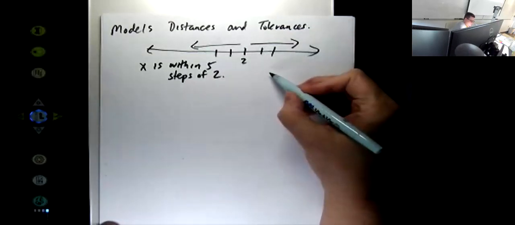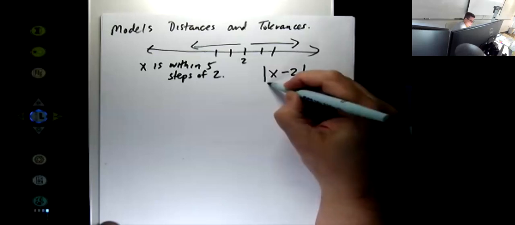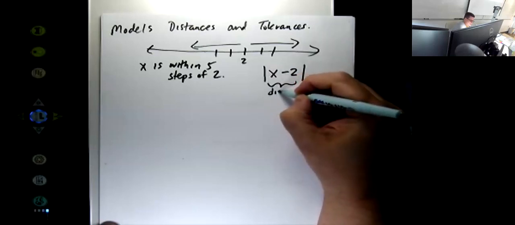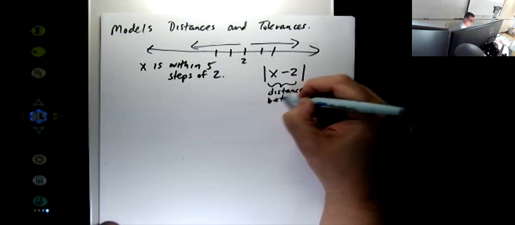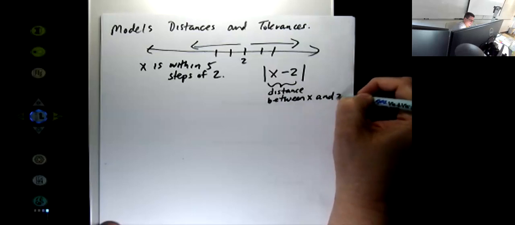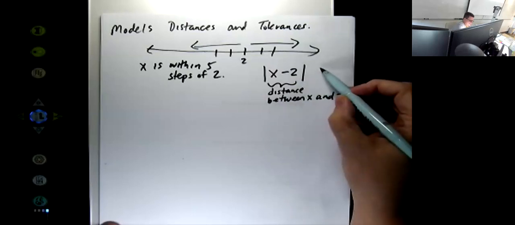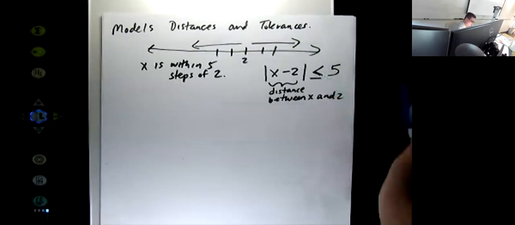We would do the absolute value of X minus 2. This represents the distance between some number X and 2. If it's within 5, that distance is less than 5. Well, I'm gonna say less than or equal to 5.